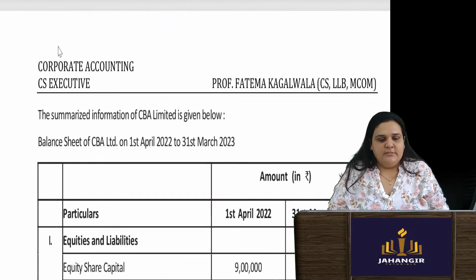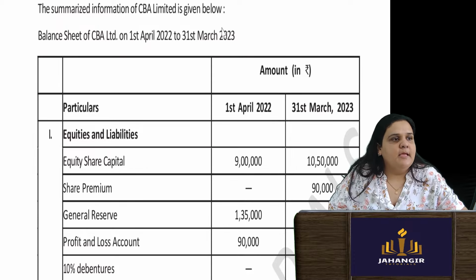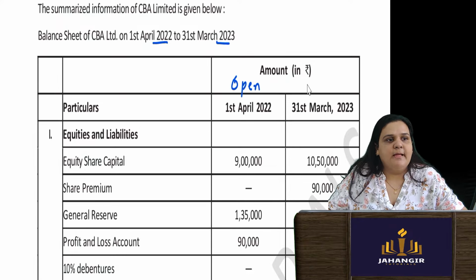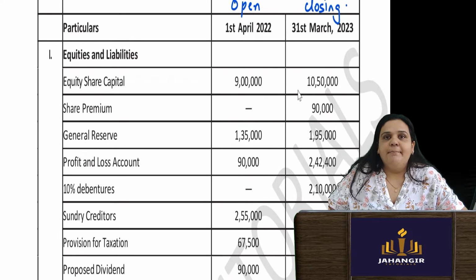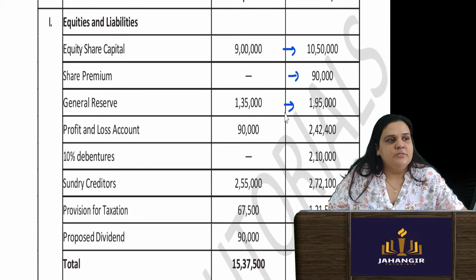Now the next question. The summarized information of CBA Limited is given, as on 31st March 2022 and 31st March 2023. So opening and closing balance sheet. Share capital from 9 lakhs has become 10 lakh 50,000. Share premium is 90,000. General reserve has also increased.